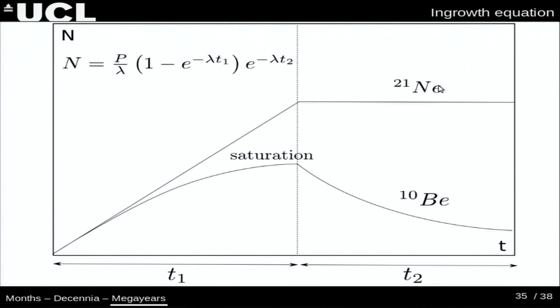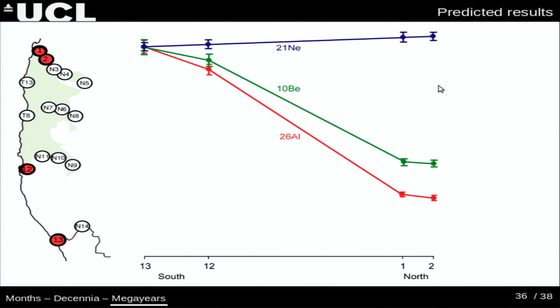It will not decay. But what we could expect to find, and this is actually a figure that I put in a research proposal to get some money for this research, I predicted that sand in the Orange River should have a certain concentration of these cosmogenic nuclides. It should have almost the same concentration in the south of the Namib Sand Sea because it travels up this coast very quickly.